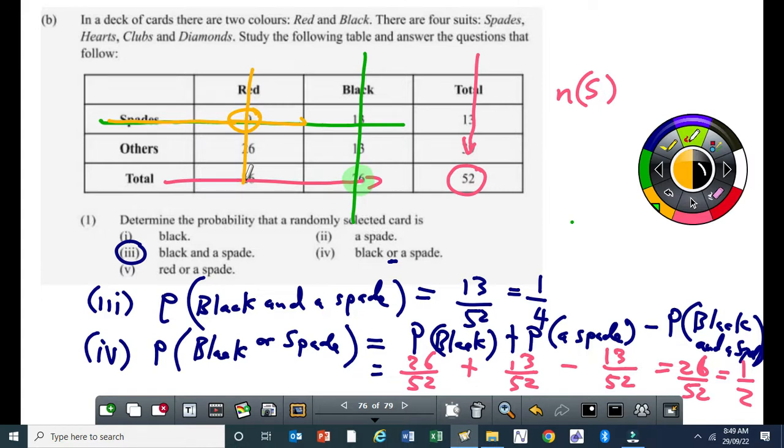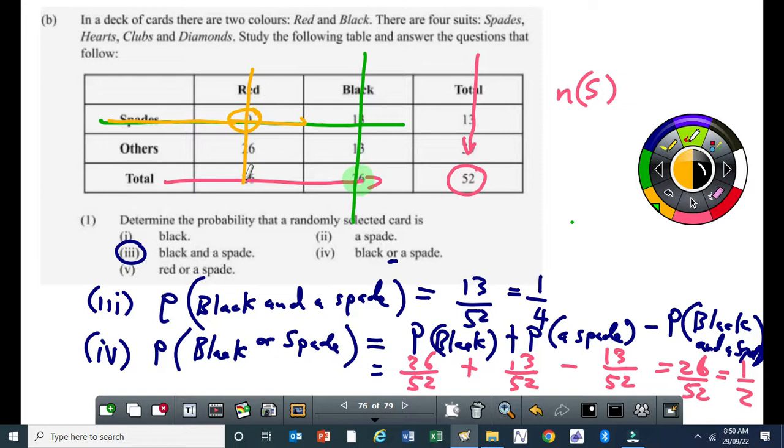Fortunately, you cannot pick a spade and also have it be a red card, because we know that spades are black. You can't have a spade which is red. So the probability of picking a red card which is a spade has to be 0. Which means, based on mutually exclusive events, complementary, independent, what would you say about picking a spade and a red card?